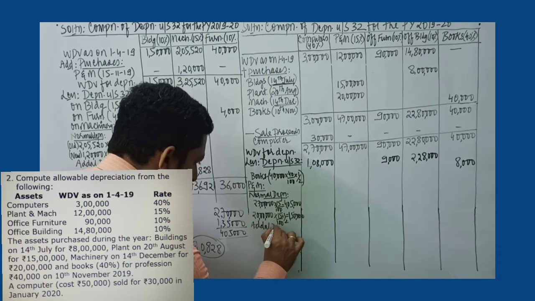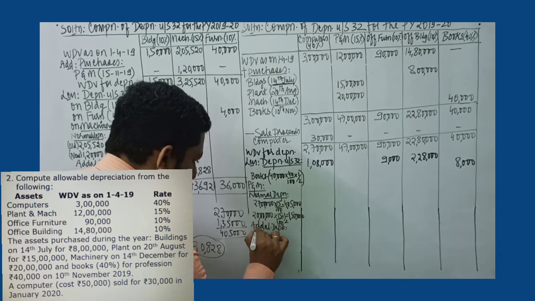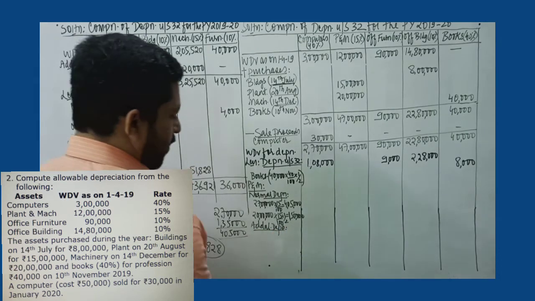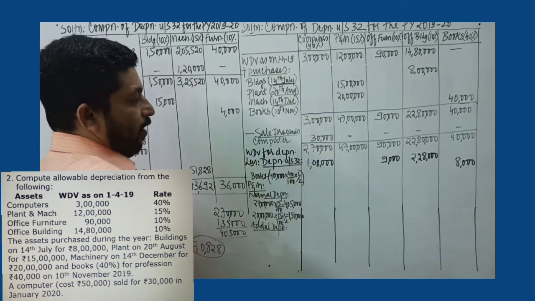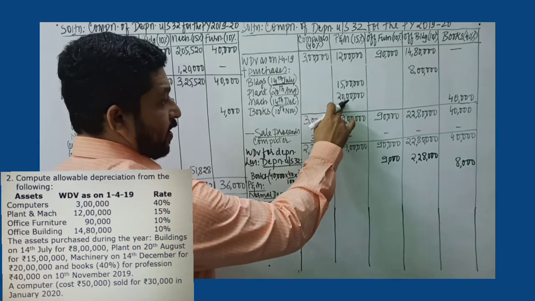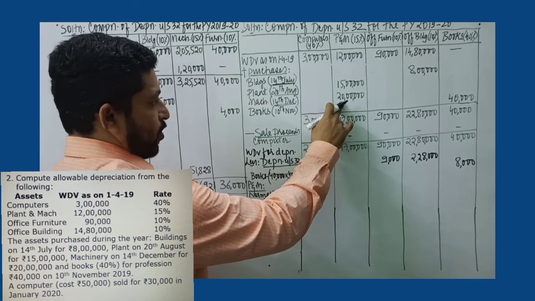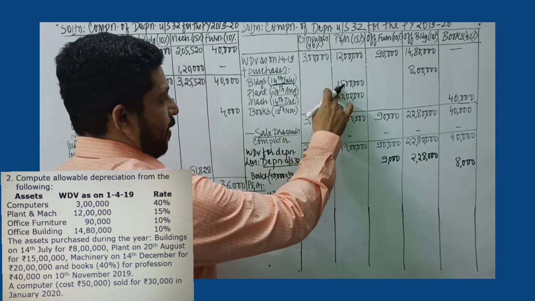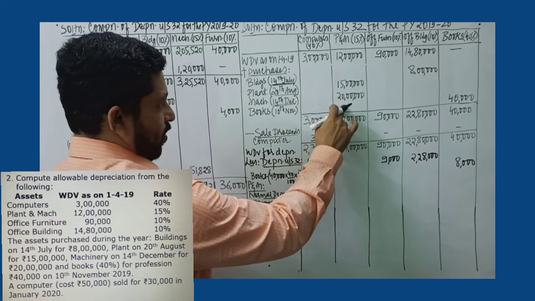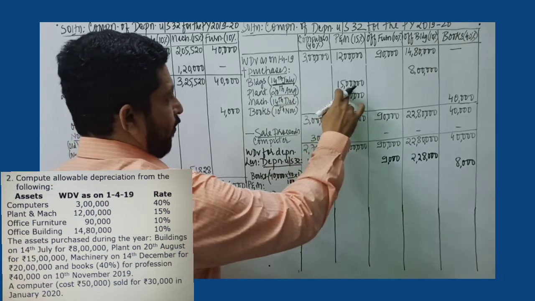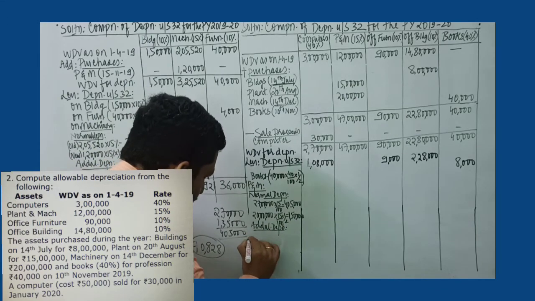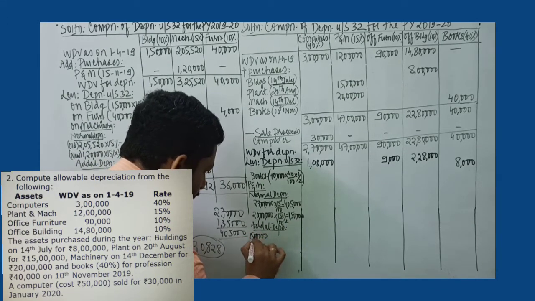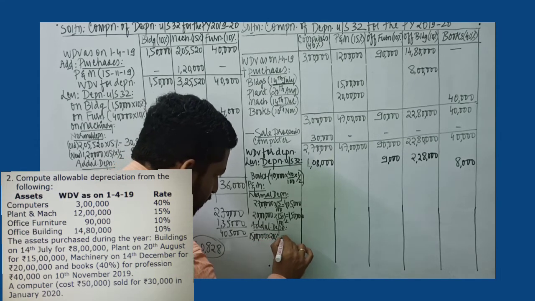Additional depreciation. Remember, we assume that this plant and machinery was purchased, installed in the factory and used for production. So additional depreciation is applicable on both this plant and machinery. So 15 lakh is the value, into 20%. 20% is the additional depreciation rate.